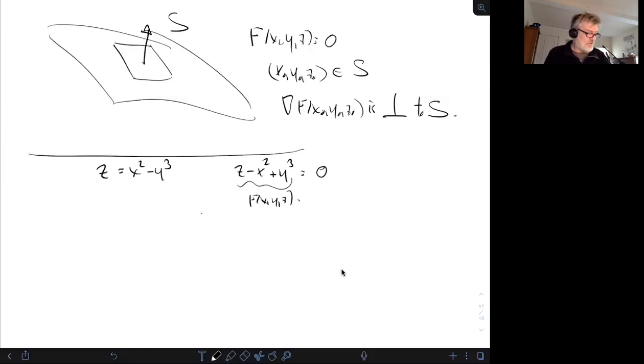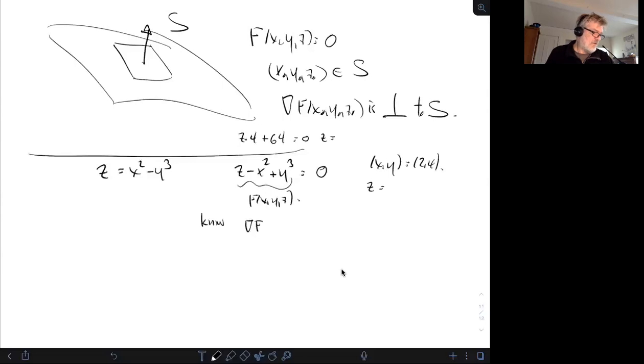Then you know that the gradient of f, so now here in my problem, they have x, y equals 2, 4. So then I'd find z, okay? So z minus 4 plus 64 equals 0.